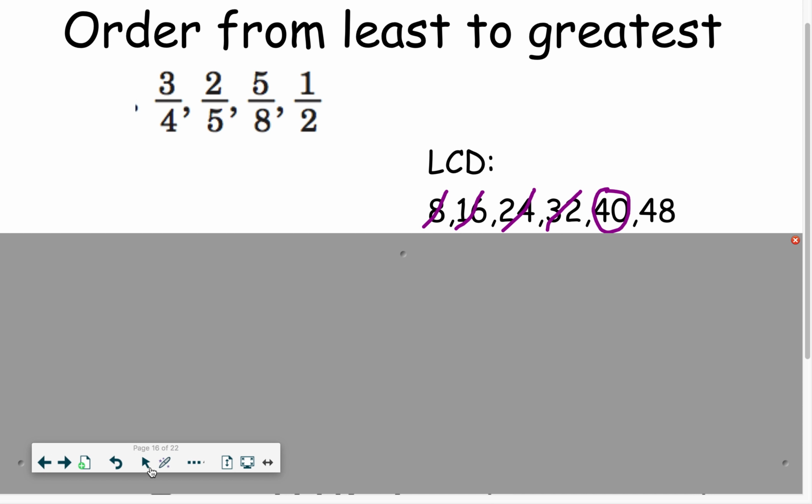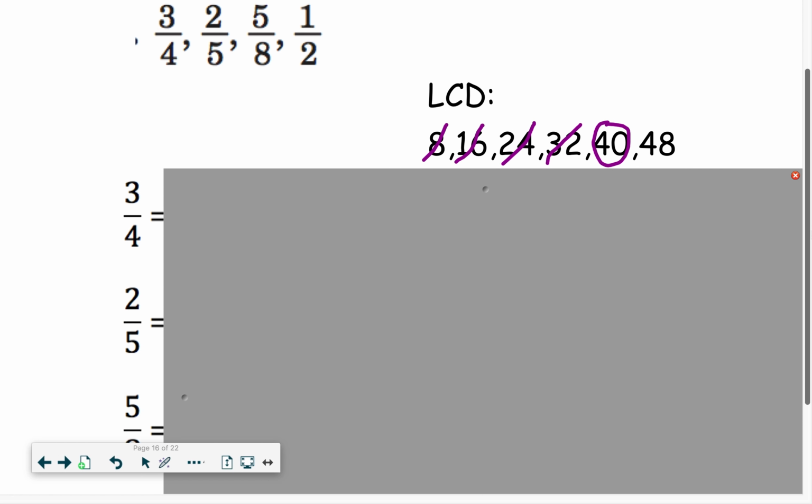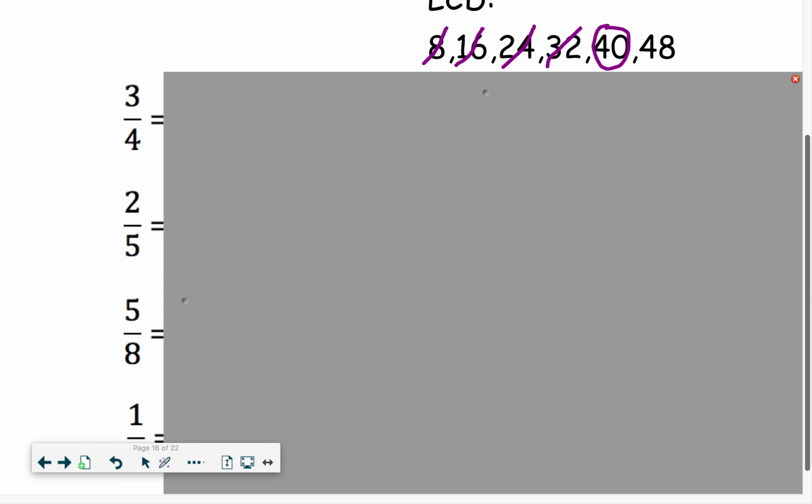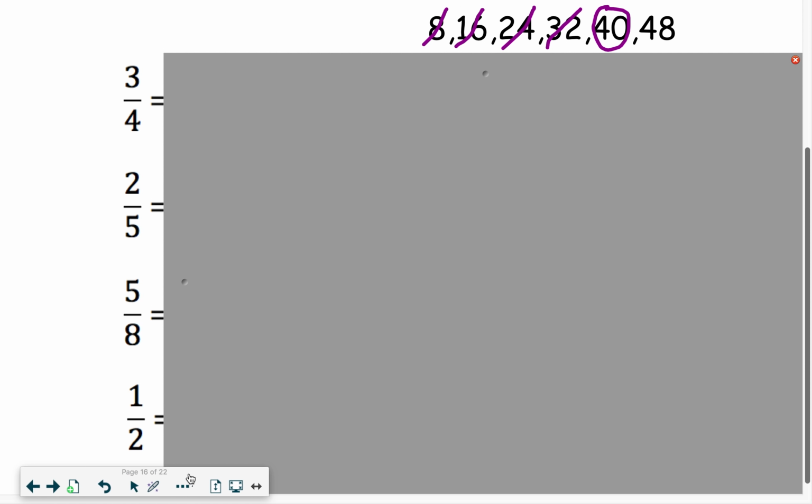So what we're going to do now is take our fractions and figure out what the equivalent fractions would be with a denominator of 40. 3/4 becomes 30 over 40.